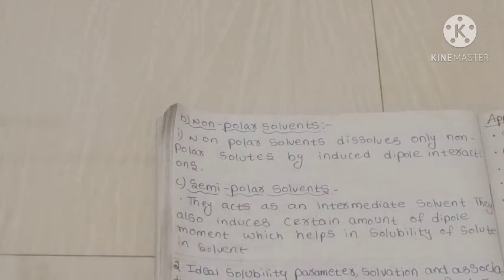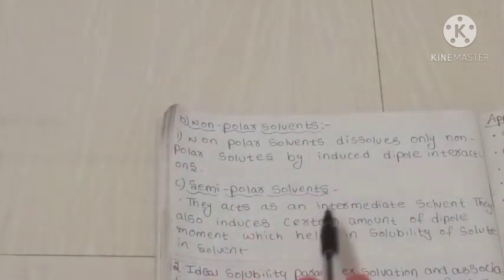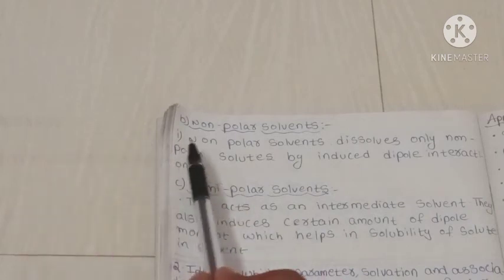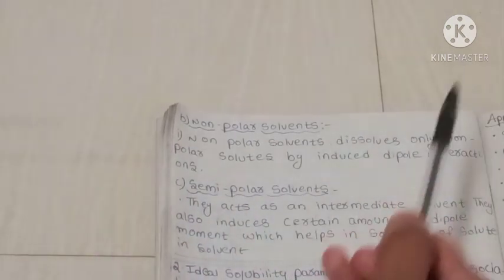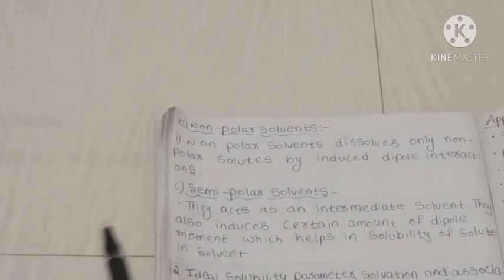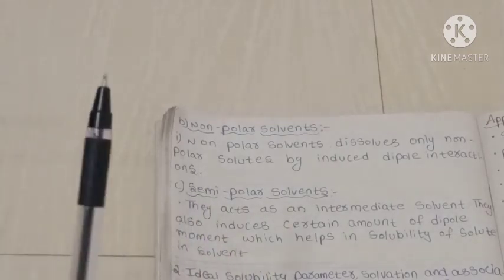If the solvent is non-polar and the solute is polar, then there is no formation of a solution. Non-polar solvents dissolve only non-polar solutes. This is one of the reasons for solute-solvent interactions.